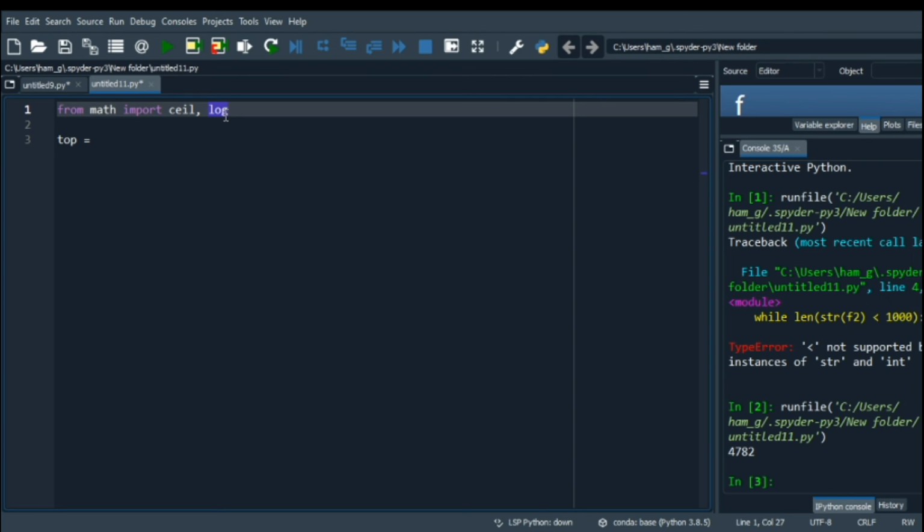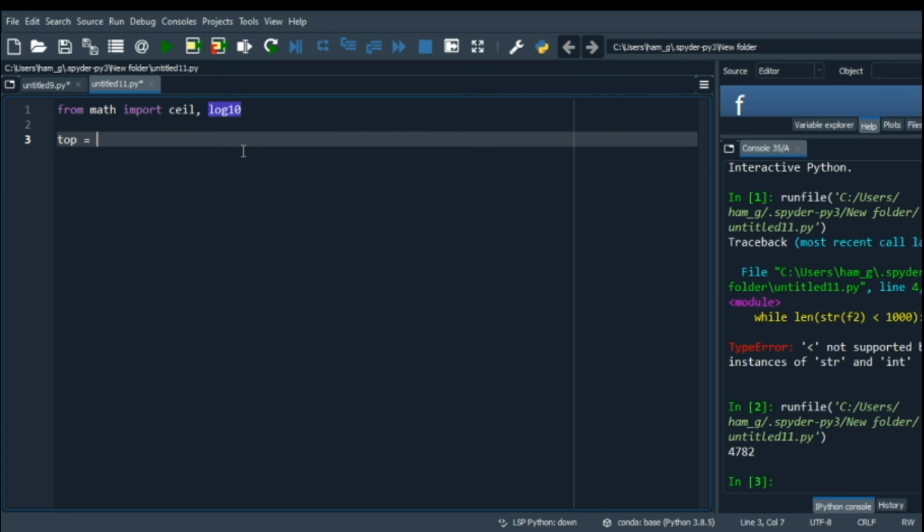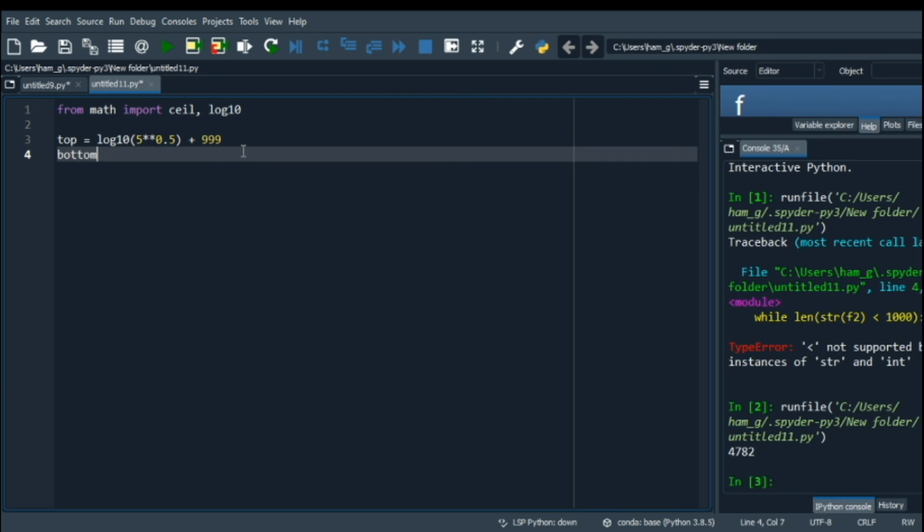Is it log or log10? I'll try log10. Top equals log10 of the square root of 5 plus 999. The bottom is log10 of phi.